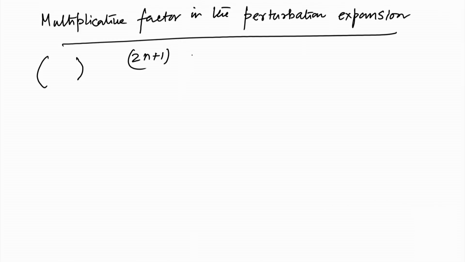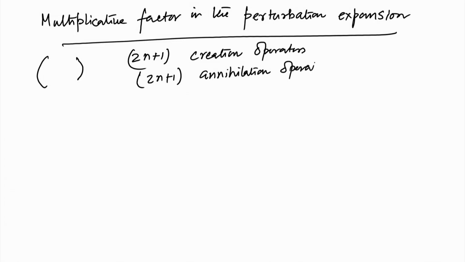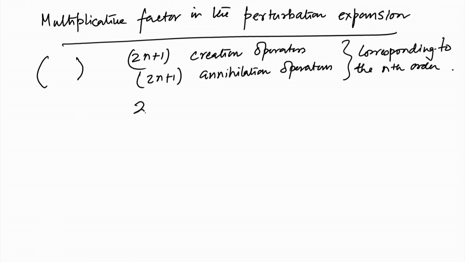So, there will be 2n plus 1 creation operators and 2n plus 1 annihilation operators corresponding to the nth order. So, there will be 2n plus 1 non-interacting Green's functions.